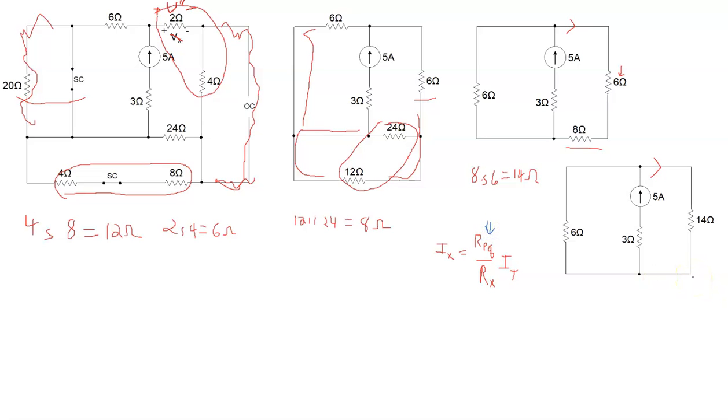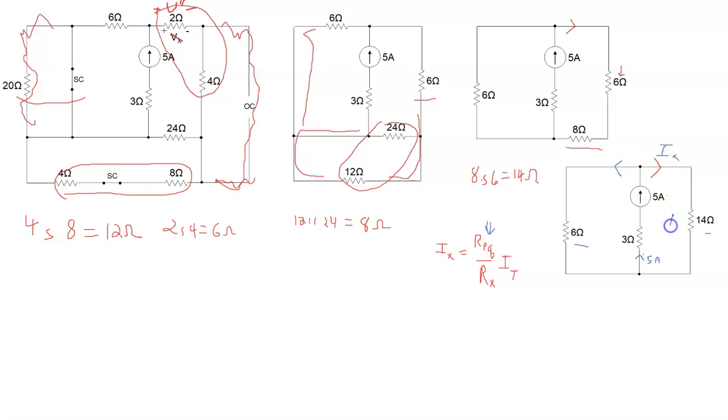What it is, is the resistance that the current divides between. Now, all of the 5 amps goes through the 3 ohm, so he's not included in Req. It's the resistance that the current divides between, which is the 6 and the 14. Now, 6 is smaller. Most of that 5 amps going this way. The one we're interested in is this one. So that one for us is Ix.